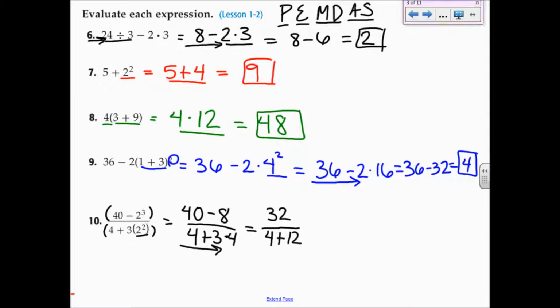And then the last step for the bottom is the addition and subtraction step. 4 plus 12 is 16. And then when I have a number over a number, I can do that as division. So 32 divided by 16 is 2.